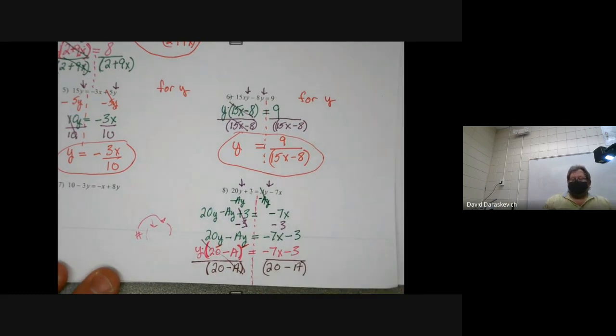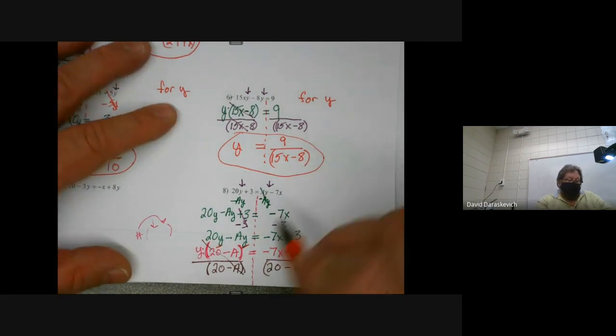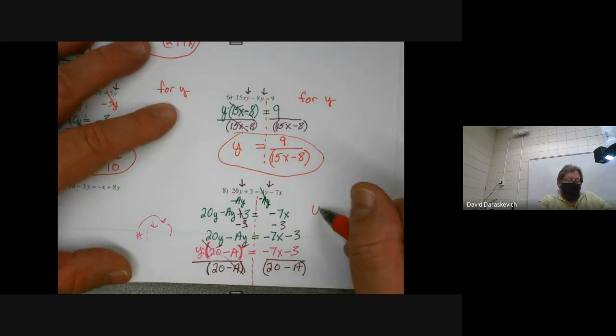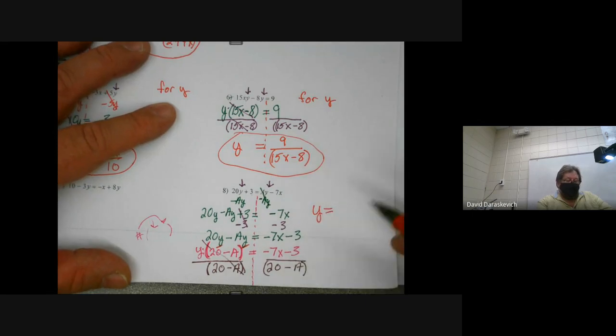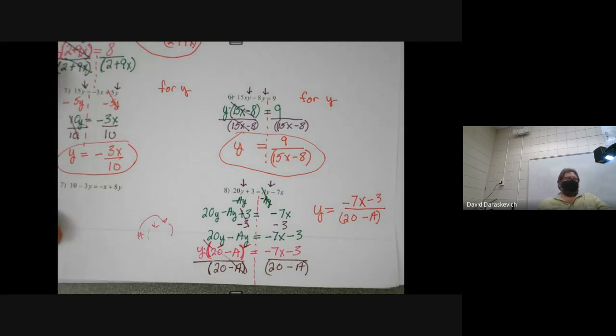Okay? So my answer here is y equals all of this mess on the other side. Negative 7x minus 3 divided by 20 minus a. And you can put parentheses there if you want. There's my answer.